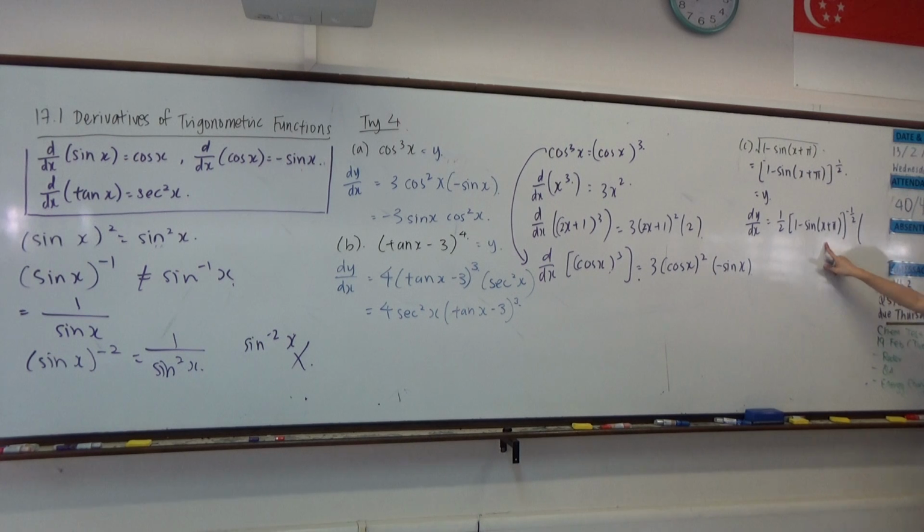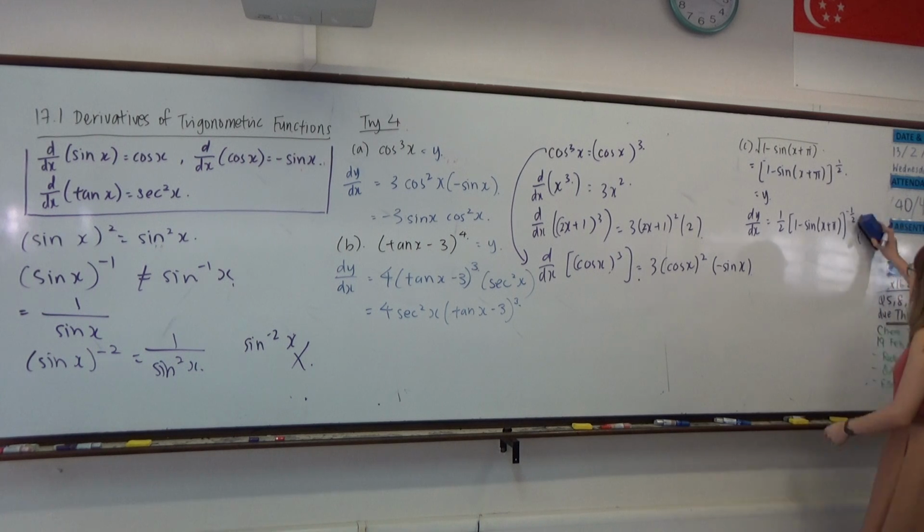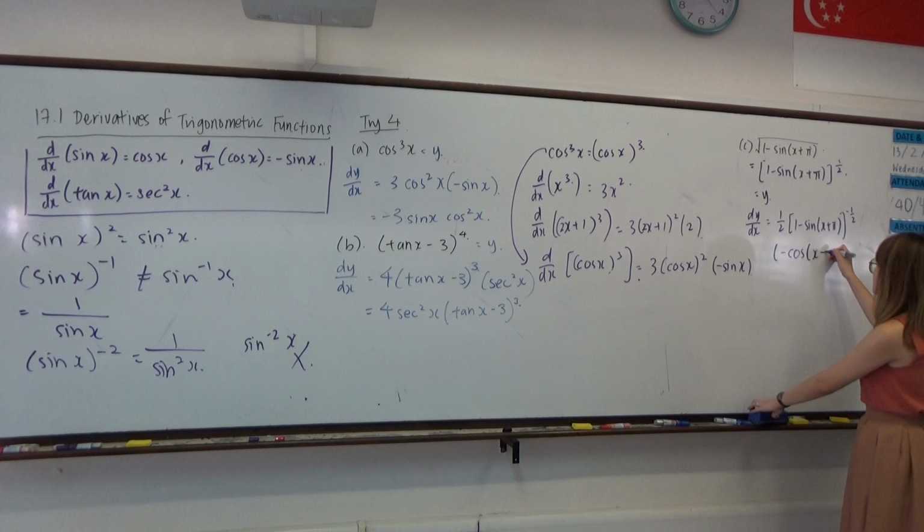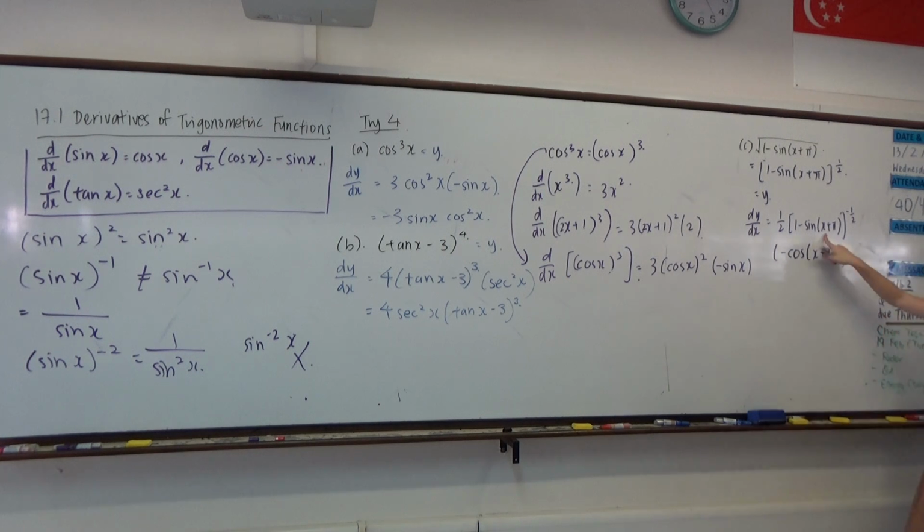After differentiating the inside, 1 differentiates to 0, then negative sine x plus pi becomes negative cosine x plus pi. Since x itself is x only, differentiating x plus pi gives only 1.